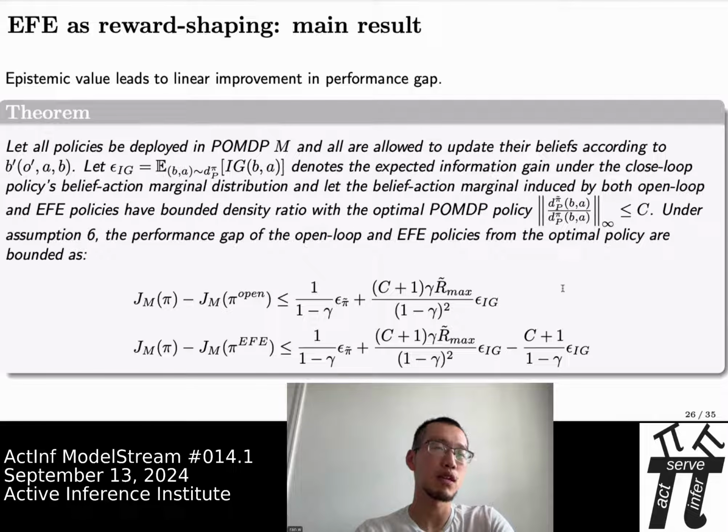So basically, the upper bound is being reduced by this term that's linear in the information gain. That's how much the EFE policy improves upon the open loop policy, which makes it a better approximation to the Bayes optimal policy than the open loop policy. So that's the main result and the main idea in the paper.